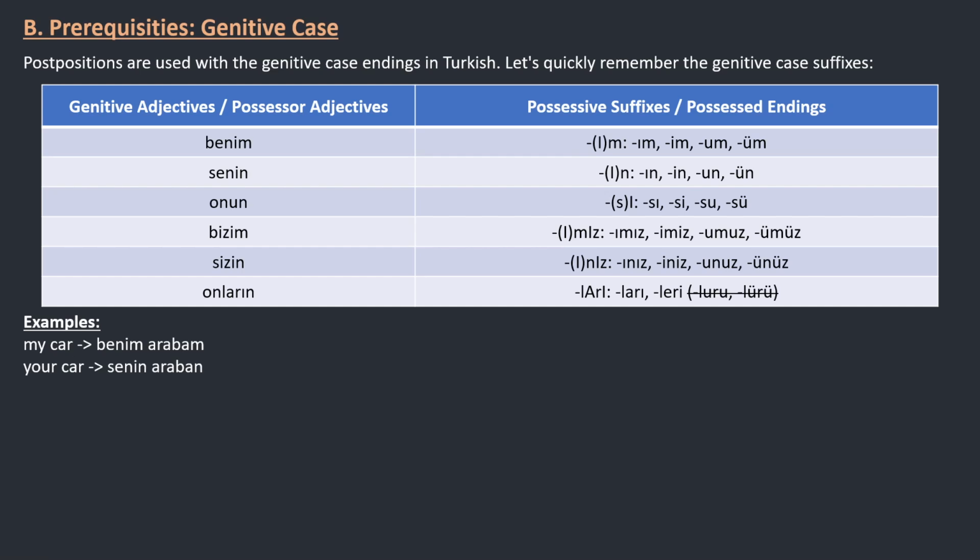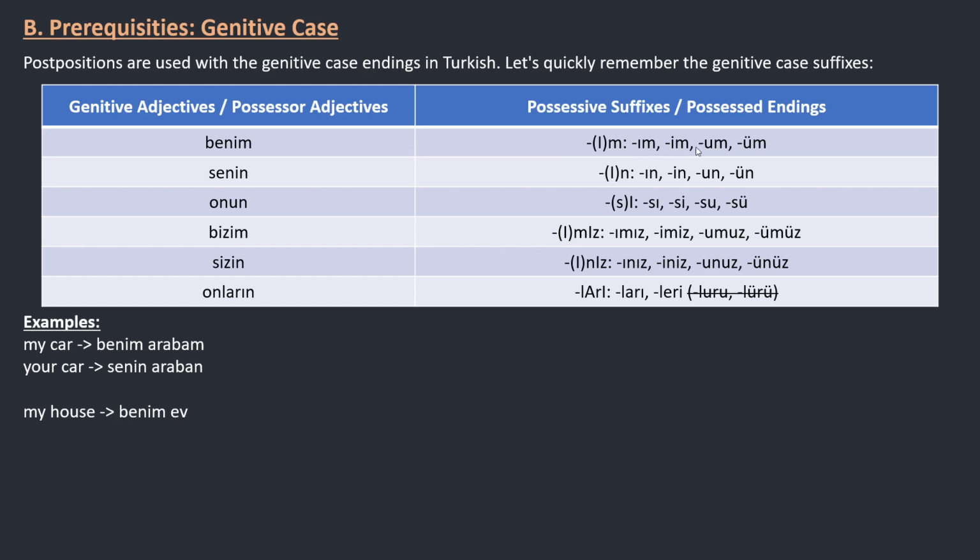And let's use a different example instead of araba. So like my house. Benim, the word for house is ev. So benim, I'm going to benim again. Im. This time I will need the extra vowel because ev ends with a consonant.